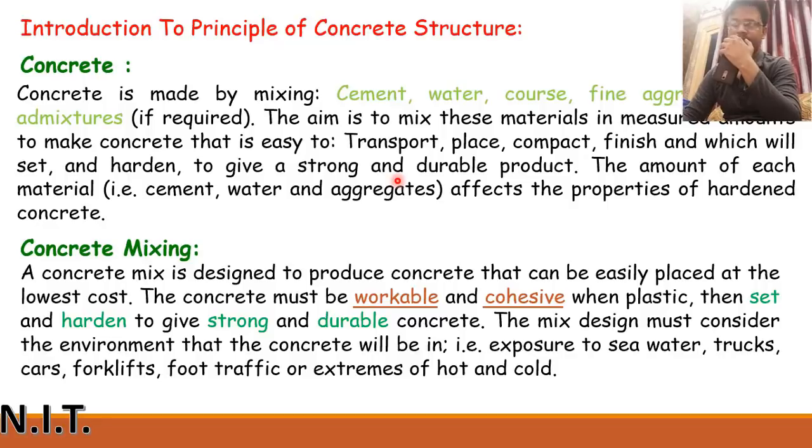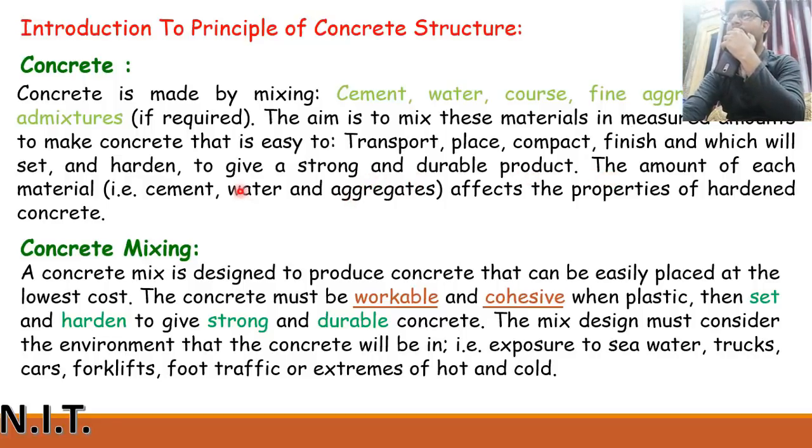Before using concrete, what did we use? In the old era we were using soil instead of concrete, and now in modern times we are using concrete as the strongest and most durable material.